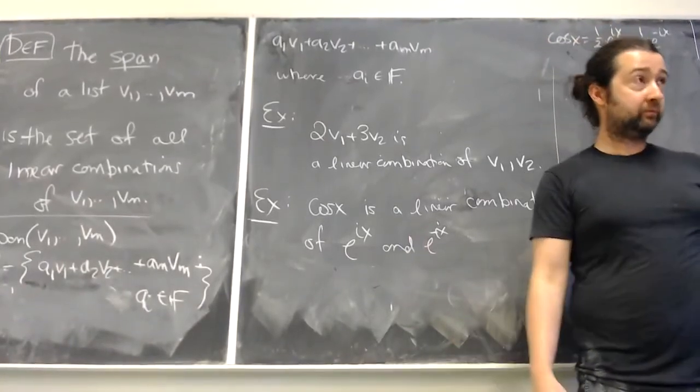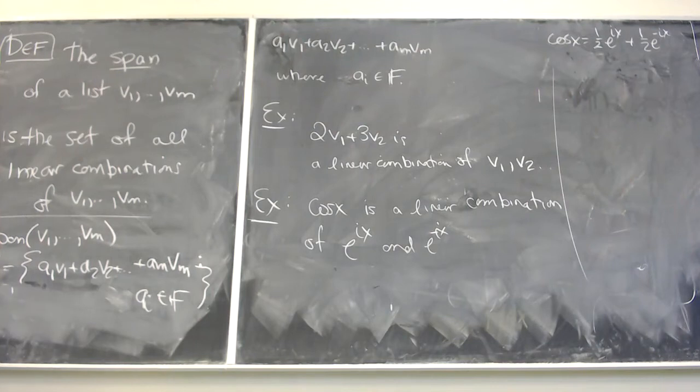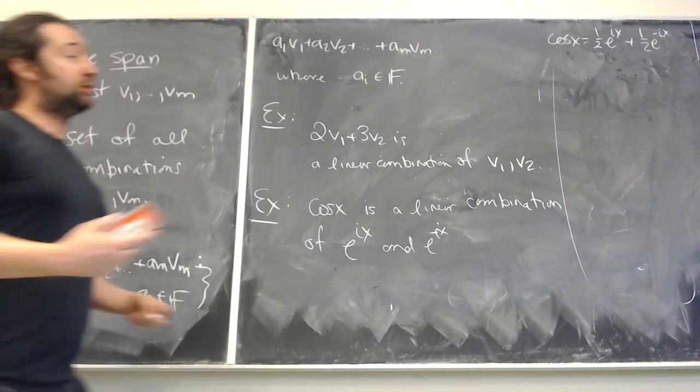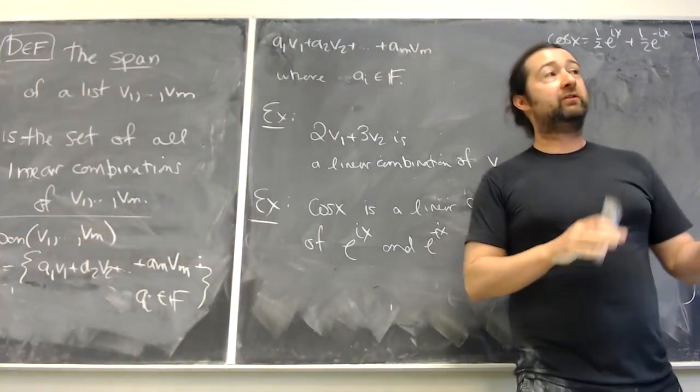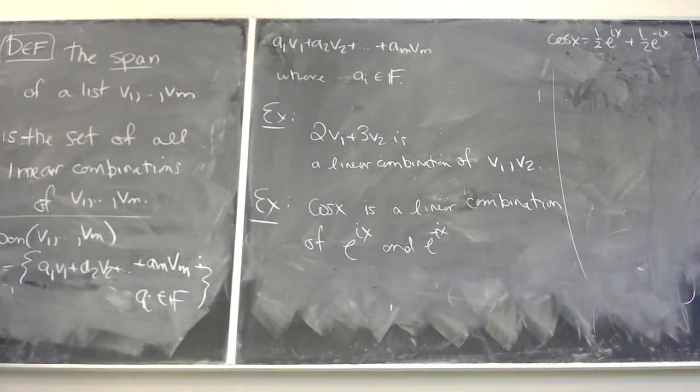Make sense? Yep. How do span and linear combinations relate to direct sums? That's an excellent question. You can chop a span up into pieces that form direct sums if you sneak in things we haven't talked about yet, like linear independence.